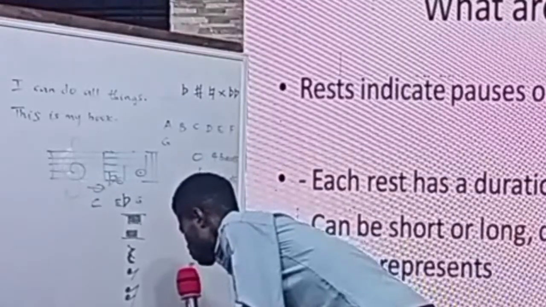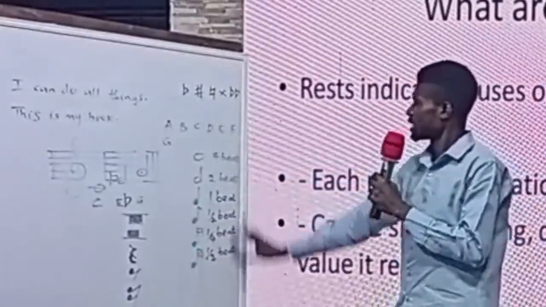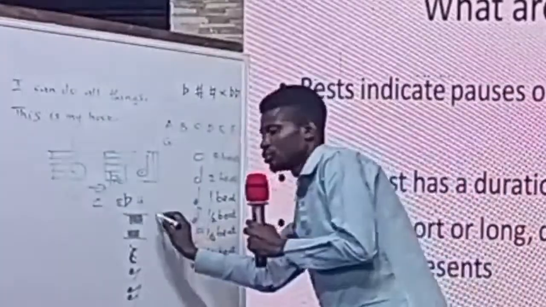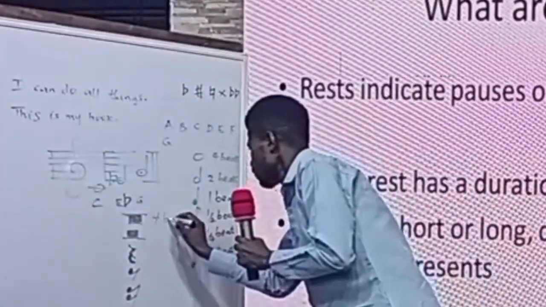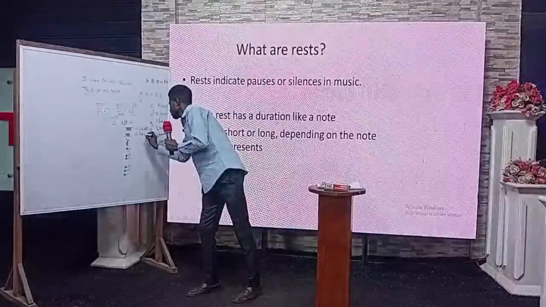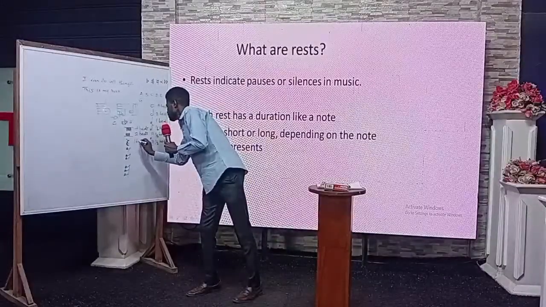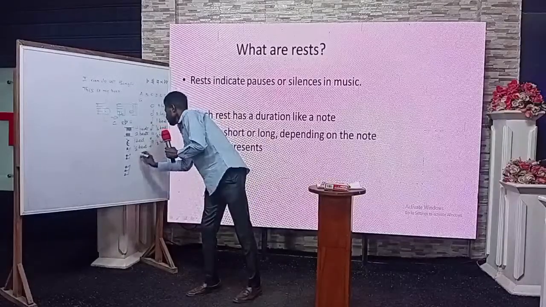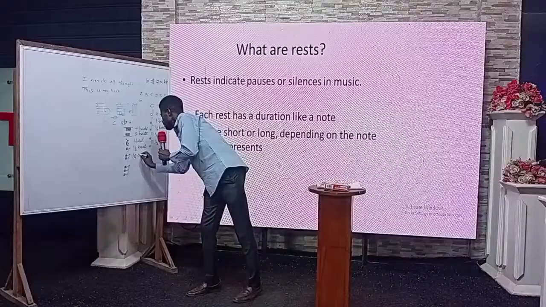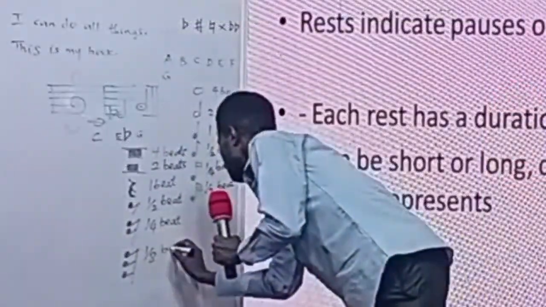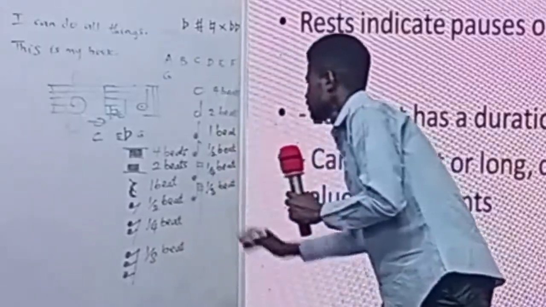So just as we have each of these musical notes carrying different duration, this rest also carries duration. This is 4 beats. This is 2 beats. This is 1 beat. This is half beat rest. This is quarter beat rest, 1/4. This is 1/8 beat rest.